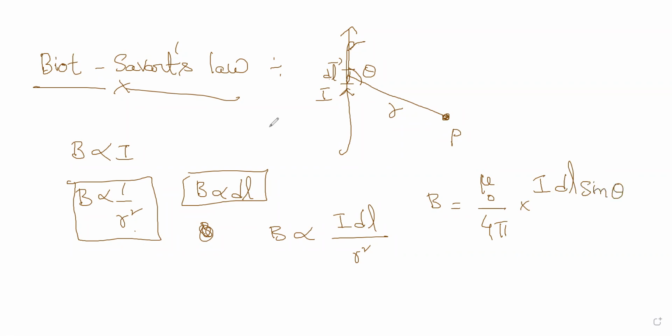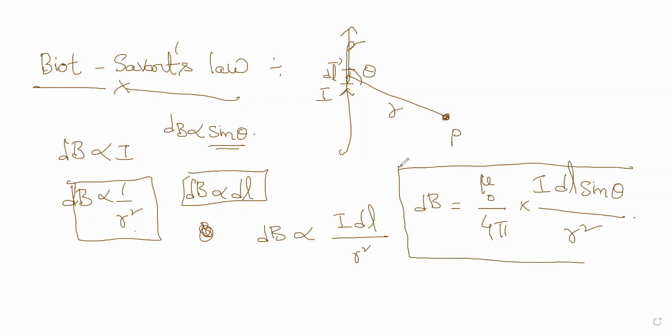Actually we write dB, not B, because it is a small amount of magnetic field produced by the current element. dB is also proportional to the sine of the angle between the line connecting the current element and the point P, and the current element itself. So it is mu naught by 4 pi into I dl sine theta divided by R square. This is called Biot-Savart's law.